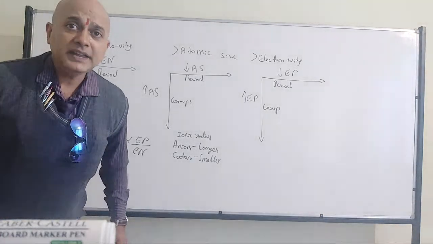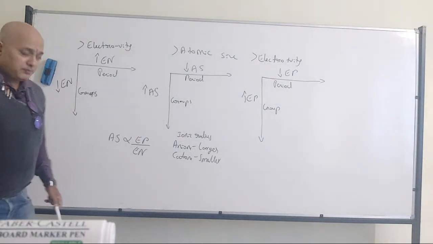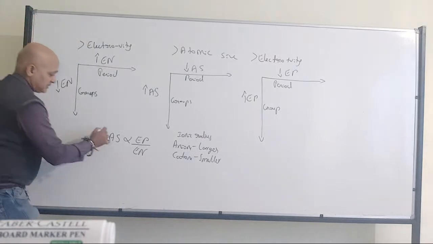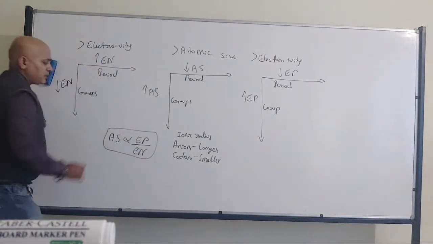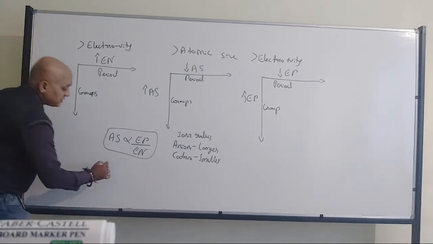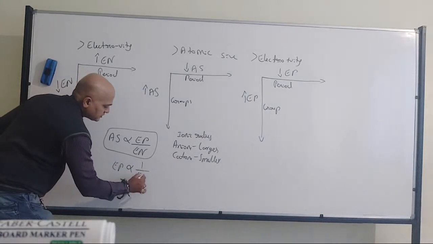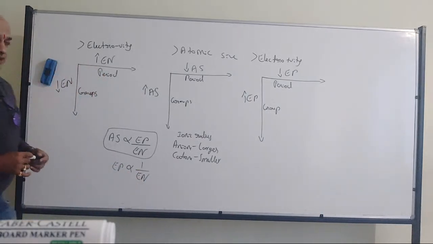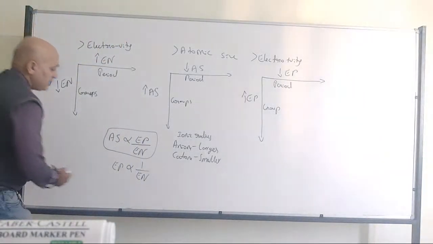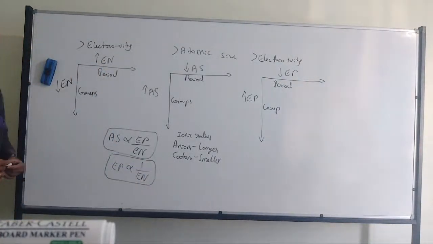All of you will agree? Fine. So that can be the relation. So due to that, we can tell that electropositivity is inversely proportional to electronegativity. That's what we can conclude.